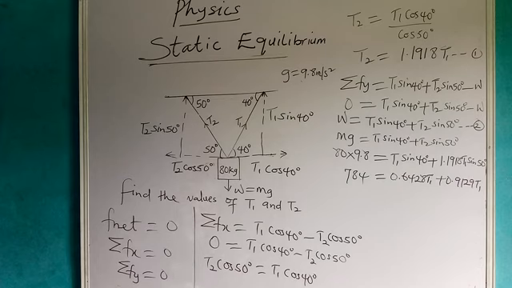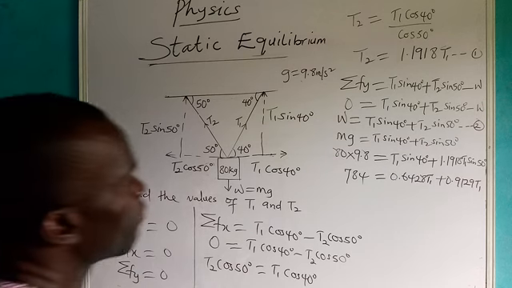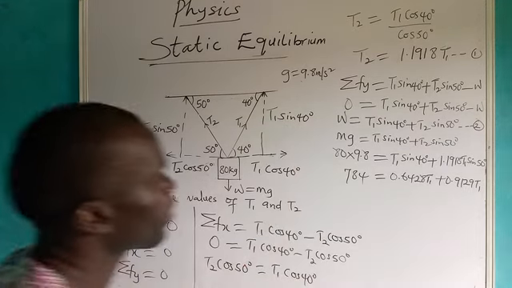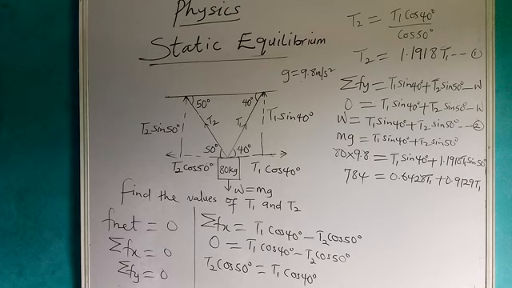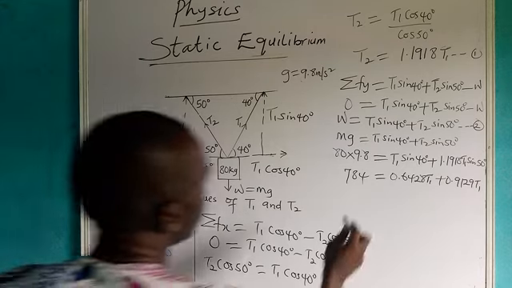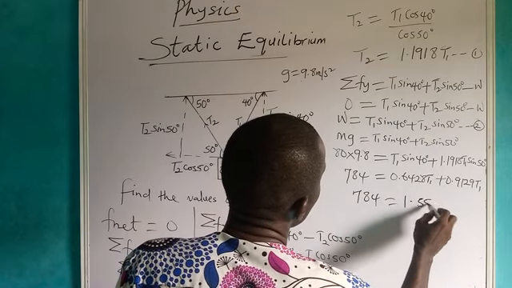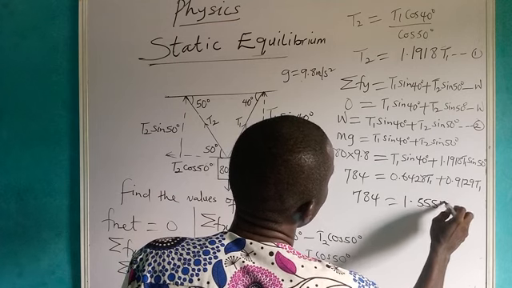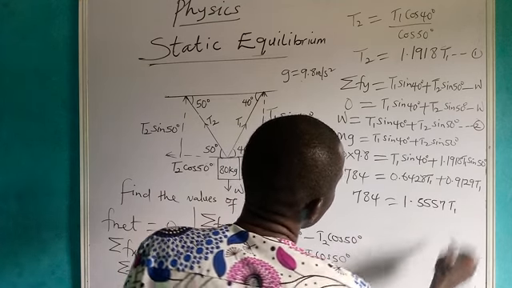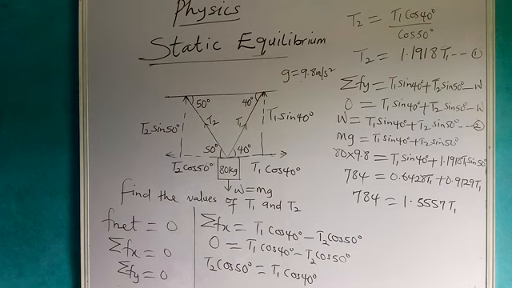From there, we now have common terms on the right hand side, like terms. Therefore, we can add these two terms, and when you add them, we are going to have 1.5557 T1. Those two are like terms.